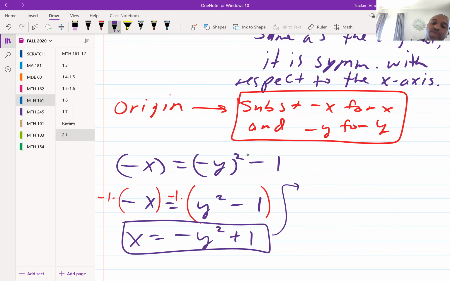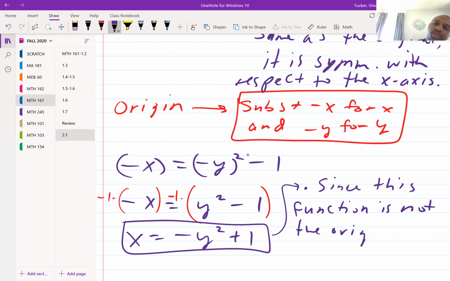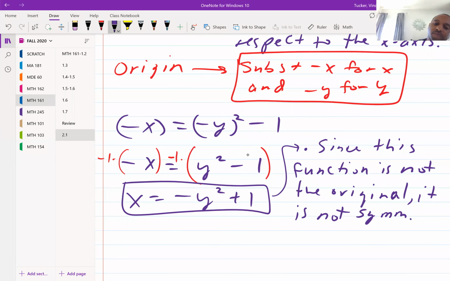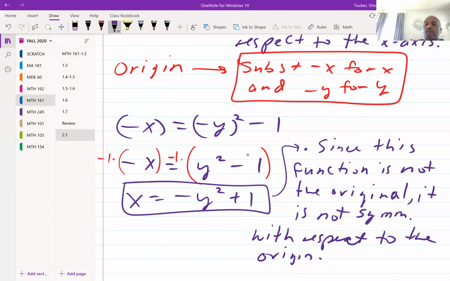And it goes back to... All right, so since this function is not the original function, it is not symmetric with respect to the origin.